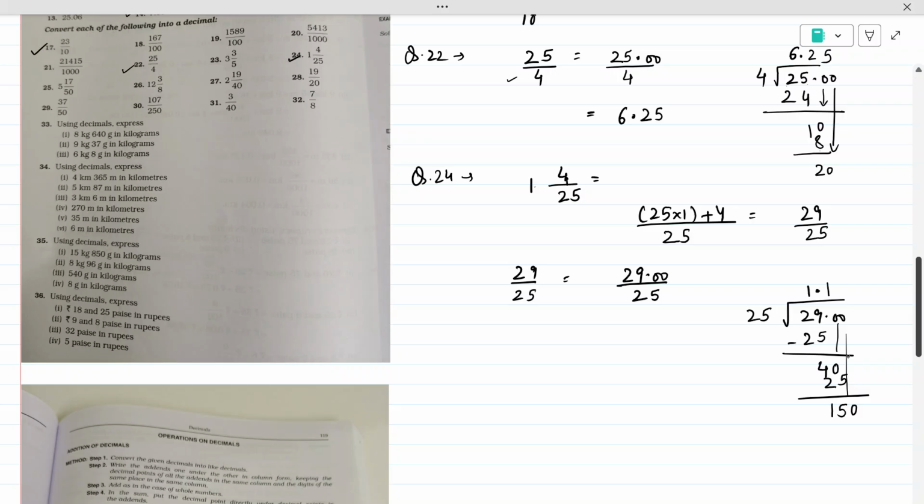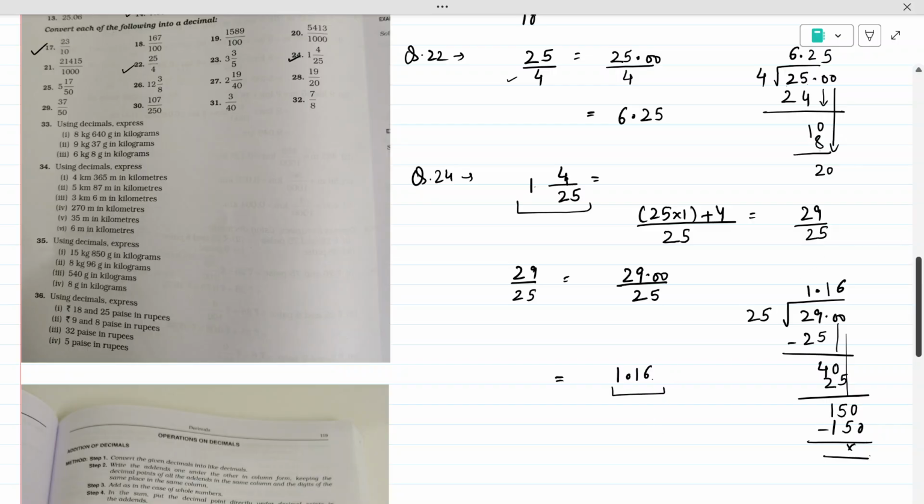When we divide this, this will become 6. Okay, 25 into 6 will give us 150. So we have got the decimal as 1.16. So the conversion of this mixed fraction to a decimal is 1.16.